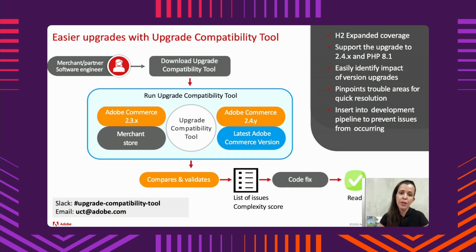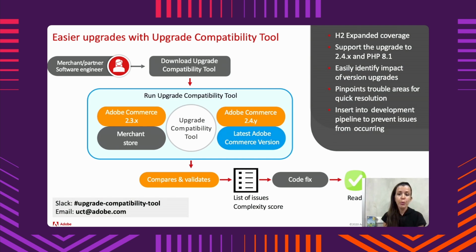It's like giving developers a checklist to maintain regular updates of customized Adobe Commerce. Over the second half of this year, one area we are focused on for increasing the scope of the tool is to make it easier to adopt the latest 2.4 version. And the goal of doing this is thinking on the end of support of 2.3 line in April 22.